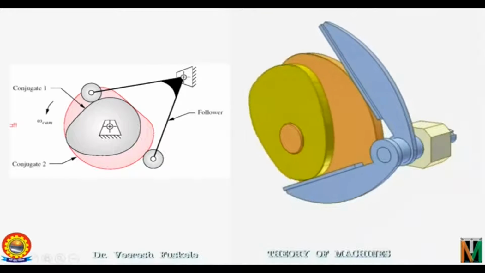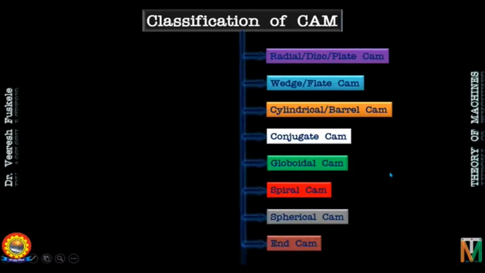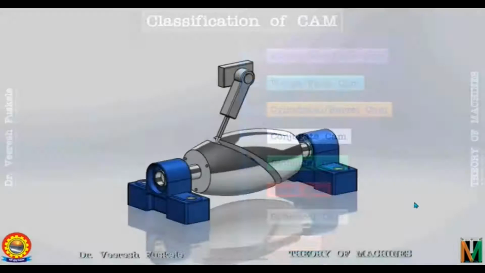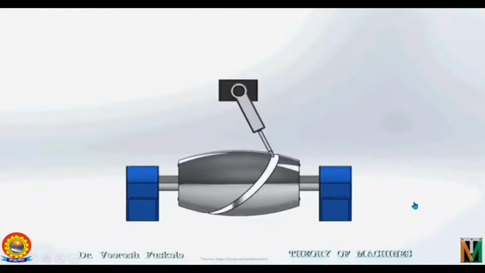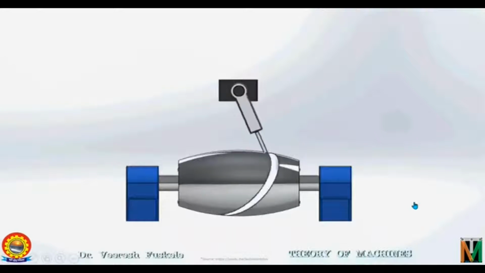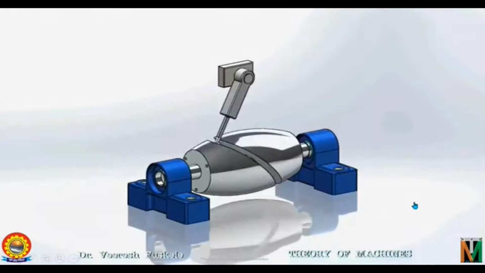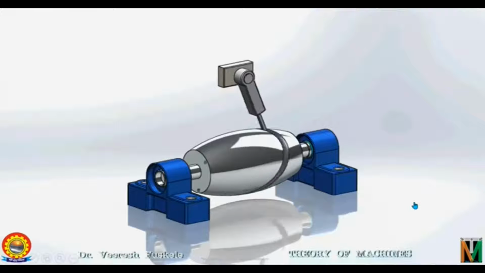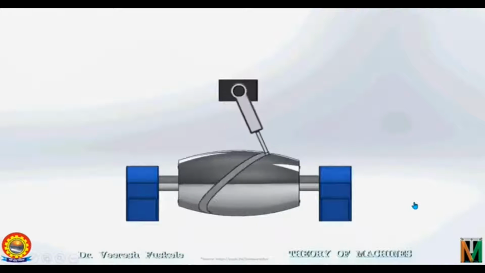Moving ahead, next we have Globoidal Cam. This is a variation of cylindrical cam. In this case also, the contour is cut over the surface of the cam. A globoidal cam can have two types of surfaces, convex and concave. A circumferential contour is cut on the surface of the rotation of the cam to impart the motion of the follower, which has an oscillatory motion.